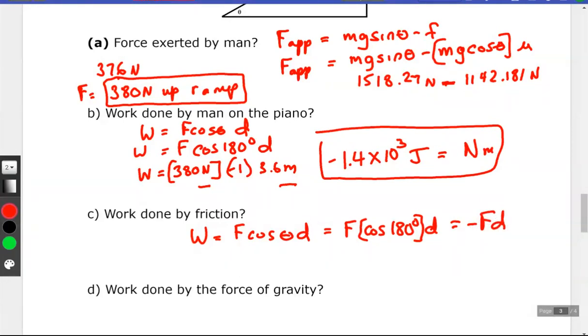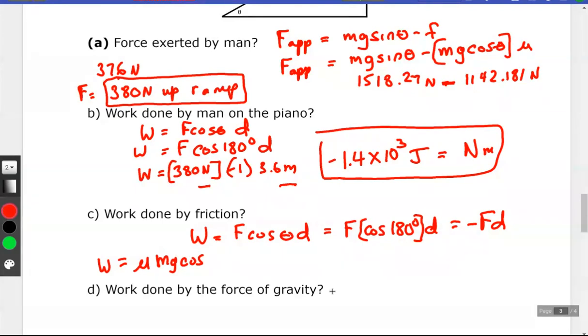It acts in the opposite direction of the displacement. The cosine of 180 is negative 1. So let's do work equals the force of friction, which is, what is friction? Well, you remember this, mu k, mu times mg cosine theta.